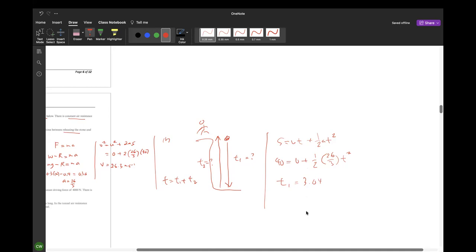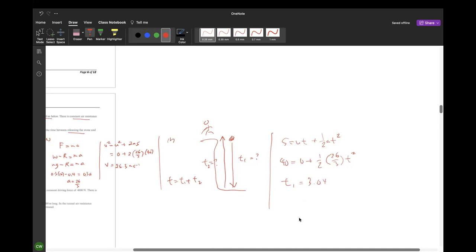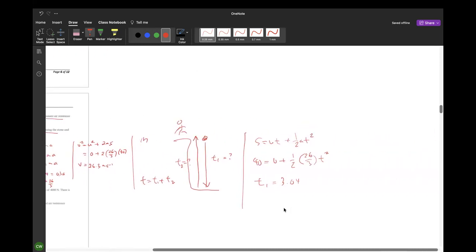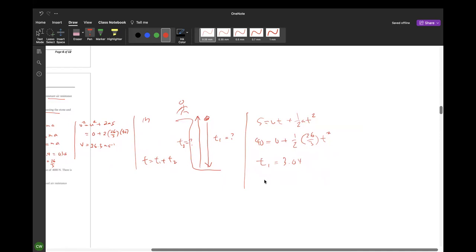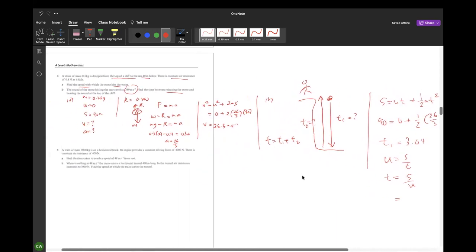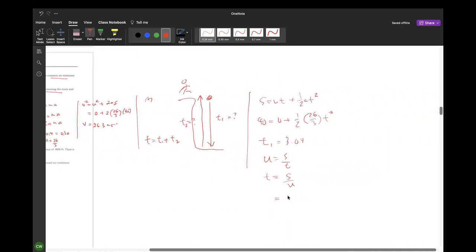What is T2? T2 going up, the speed of sound, 340. Constant speed. Speed is distance over time. Time is distance over speed. What is distance? Distance is 40.